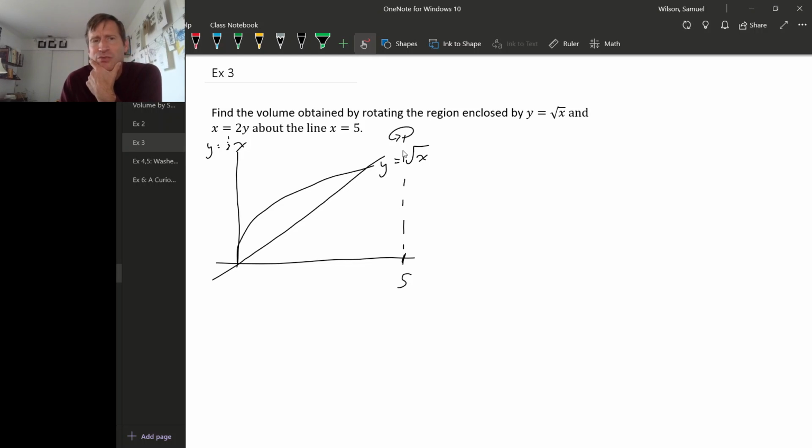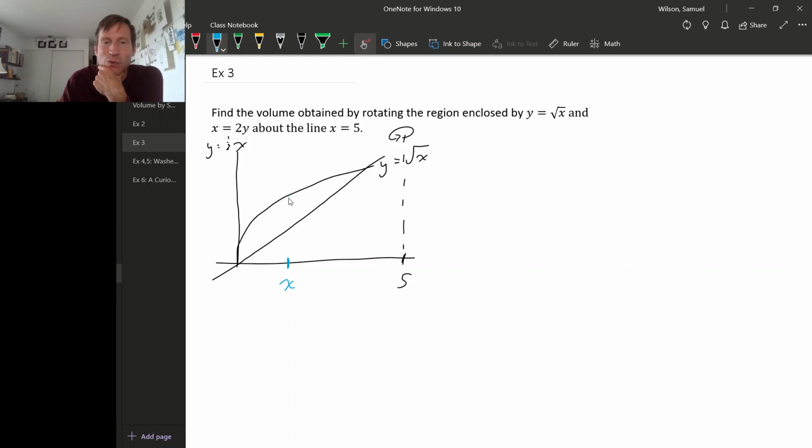The way that we have things written, things are sort of naturally expressed as functions of x. So why don't we use x for our independent variable? Also, I'm trying to do examples that involve using cylindrical shells instead of washers. So let's use x as our independent variable.